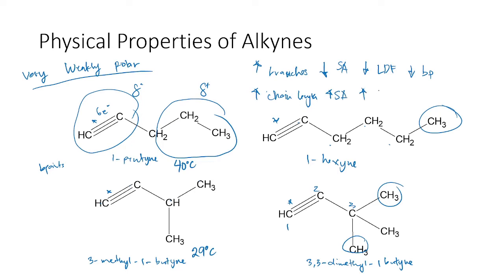That will mean higher London dispersion forces, and that will mean by our concept of alkane, we will have here higher boiling point, which is actually true because 1-hexyne has a boiling point of 72 degrees Celsius.